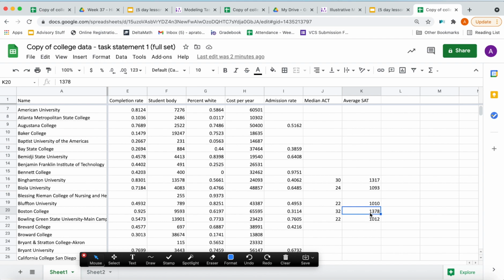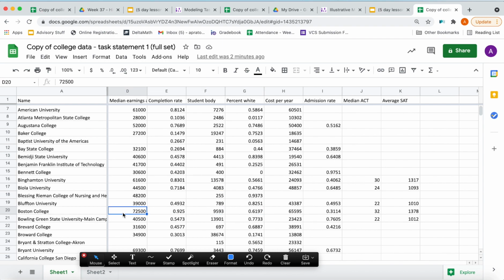For example, if I have a higher SAT score, it probably means more students are completing the school and they're making more money. Look at Boston College. They have the highest SAT score here, and they have the highest median earnings and the highest completion rate.